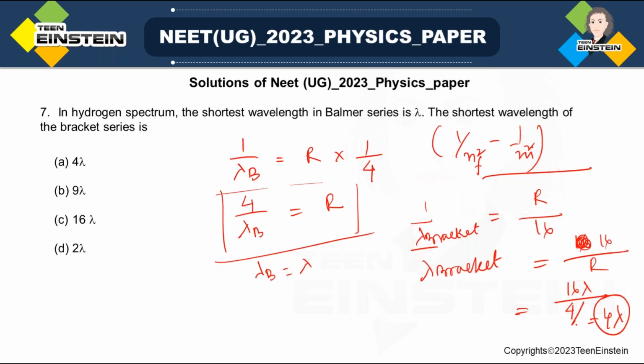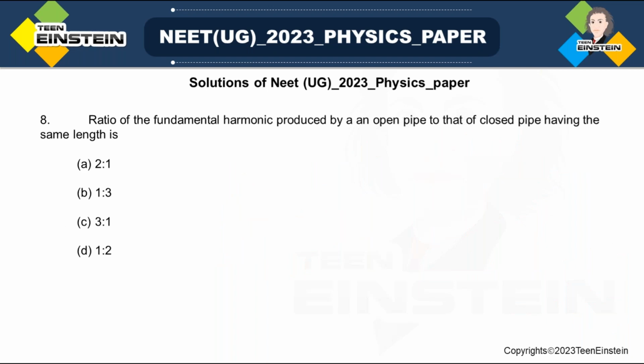Okay. Now we'll go to the next problem. What is this problem saying? This problem is saying that the ratio of fundamental harmonics produced by an open pipe. Let us draw this. So fundamental one is this, that here in the middle there will be node, and both at the end there will be antinode. Okay, like this. And here also it will be, I'm sorry, the fundamental one will be like this.